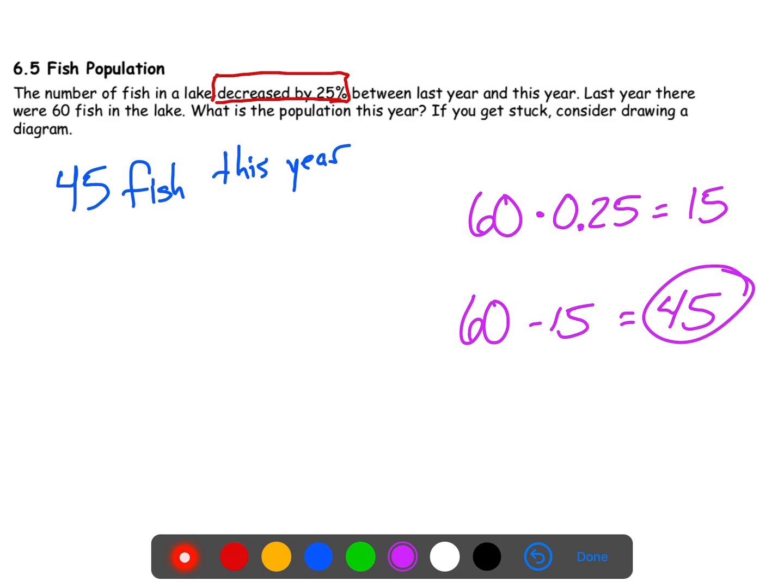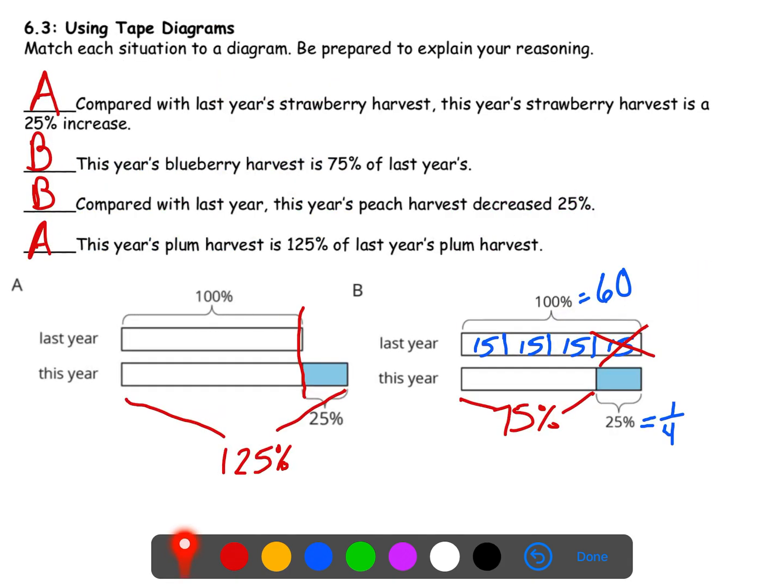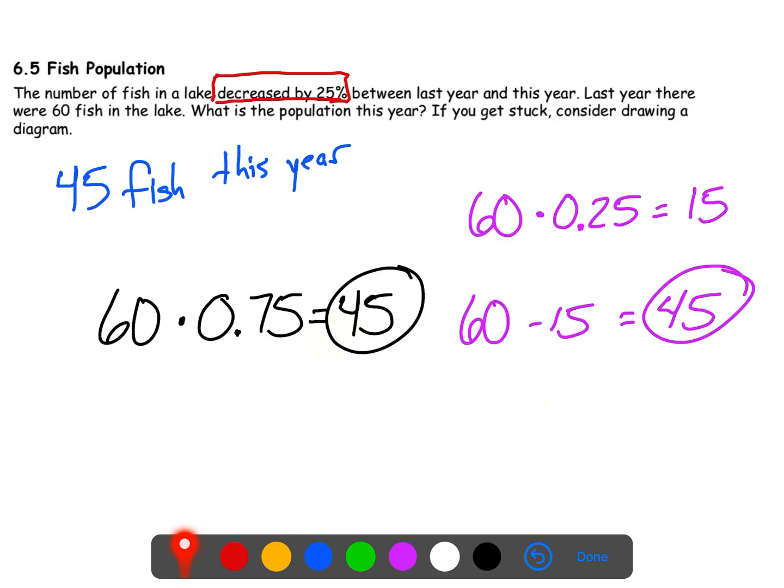Now let me use a different color to show you another way. We could have done that in one step. If 25% of the fish have gone away, 75% of the fish remain. In one step, we can take the 60 fish times what remains to get the same answer of 45. And hopefully you see that. You can definitely see it here in the diagram, where if we subtract, we find 25% and subtract it, we get our answer, or we just find the 75%. Let's continue.